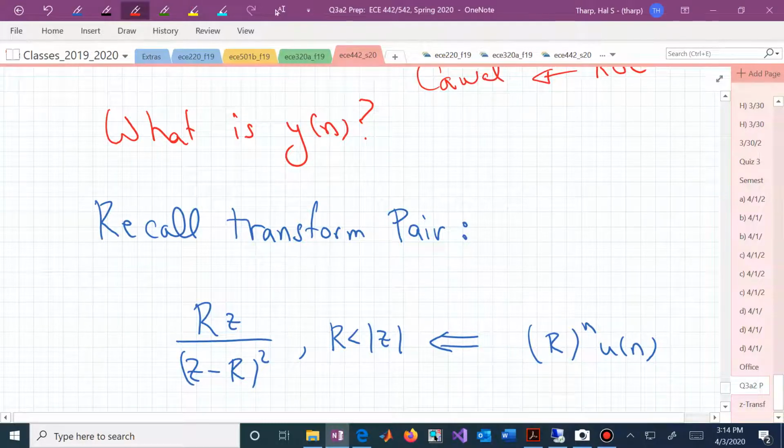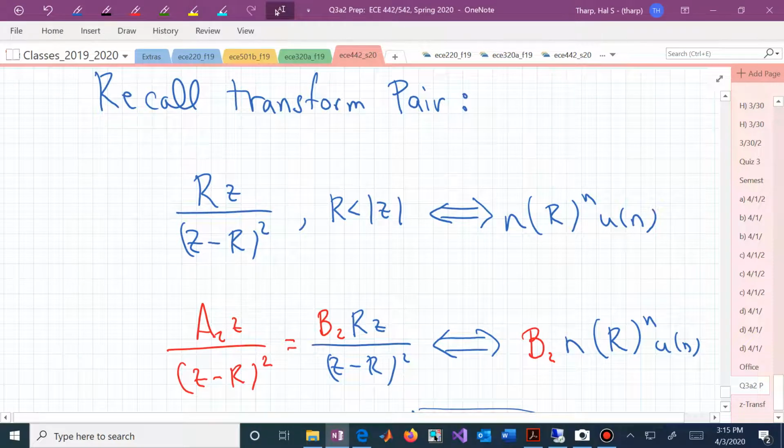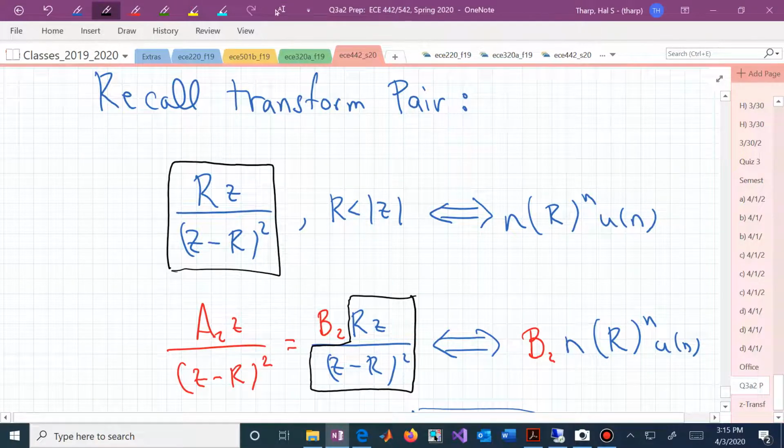What I'm trying to indicate is that if somebody determined that this numerator was equal to 10, we don't just have a 10 right here. We have to incorporate that r into the 10. So, if somebody said, I have a sub 2 z over z minus r squared, you need to make sure that your transform looks like what it does in the table, which is rz over z minus r quantity squared.